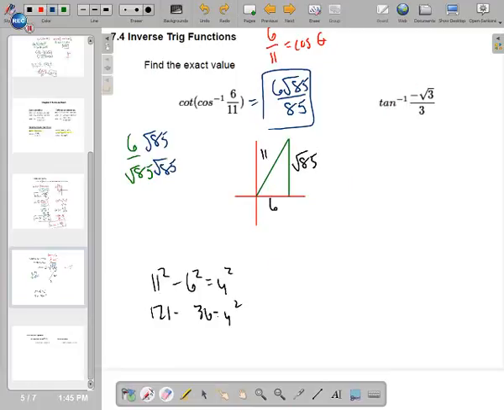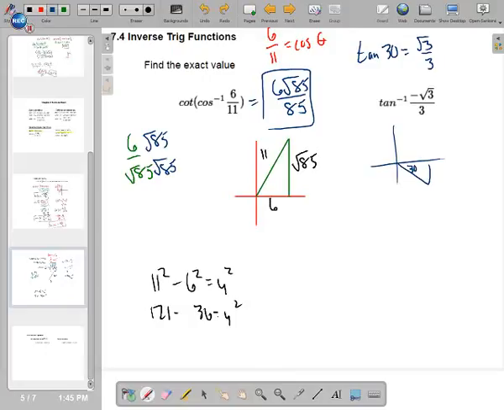Going back to what I was saying earlier, if you have this memorized, that the tangent of 30 is radical 3 over 3, this problem's a lot easier. Now, it's negative, and when you're doing inverse tangent, you restrict to the right side. So if tangent's negative, that means we're down here somewhere. And since I know that the tangent of 30 is radical 3 over 3, this is a 30-degree reference angle.